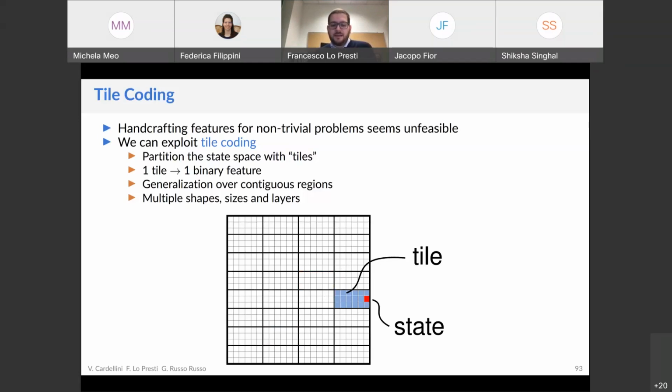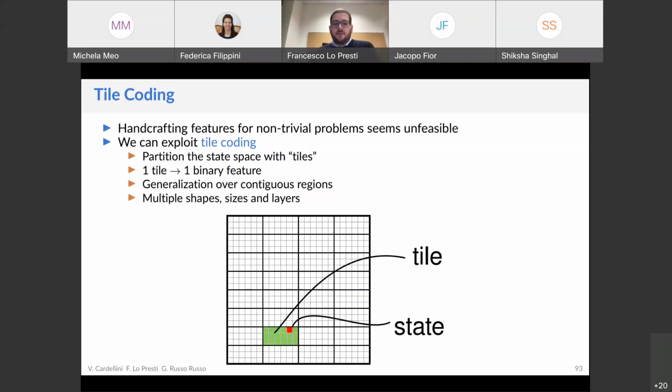Each tile is associated with a binary feature, which is activated, so it's non-zero, for states that are covered by the tile. So the idea is that we can generalize over contiguous regions of the state space because each tile aggregates multiple states. And if we consider different shapes, sizes, and layers for these tiles, we can define a set of features in a semi-automated way.